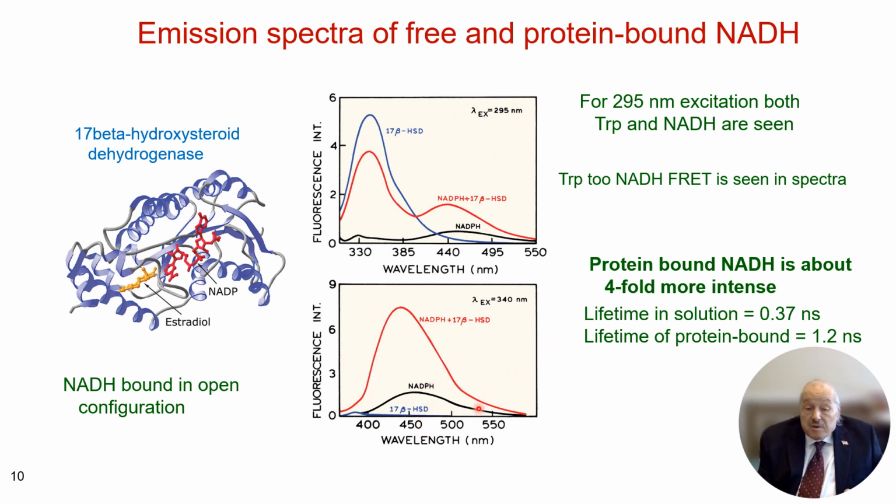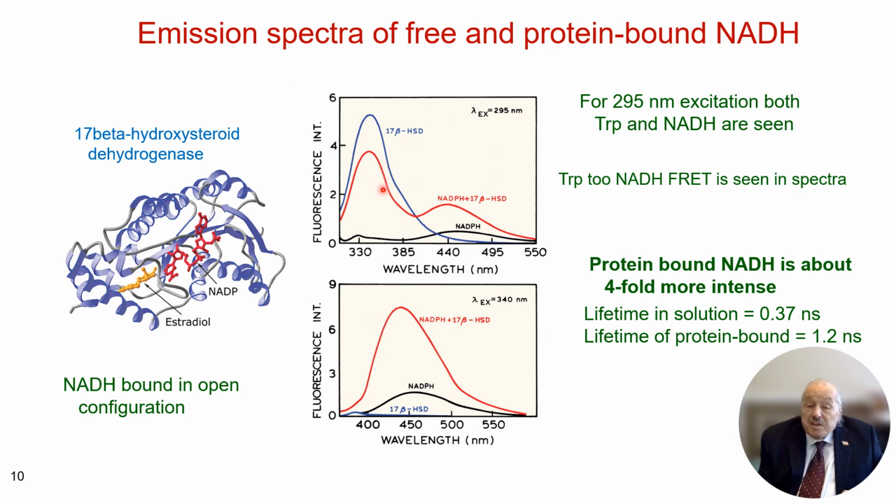So the answer for such an experiment is pretty clear. If you're exciting at 340, you're only exciting the NADH. If you excite at 280 nanometers, well, in this case 295, you see both the protein emission and the NADH emission.